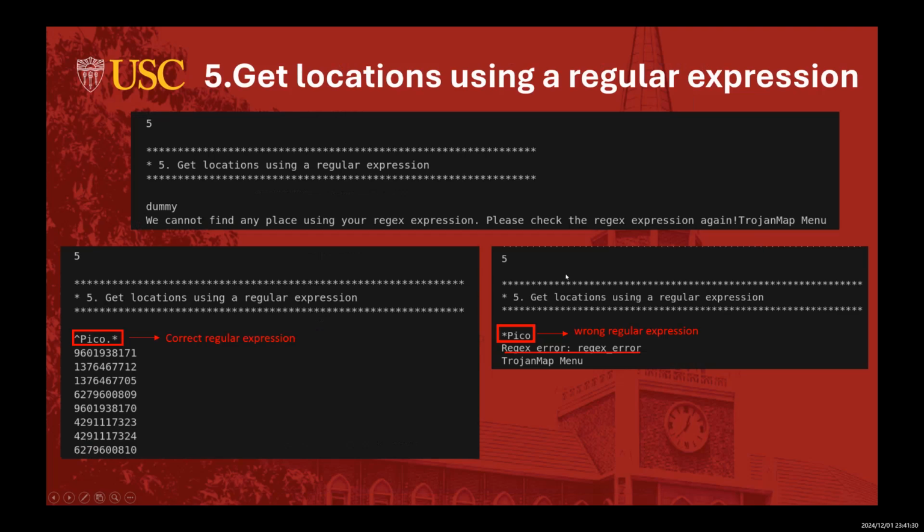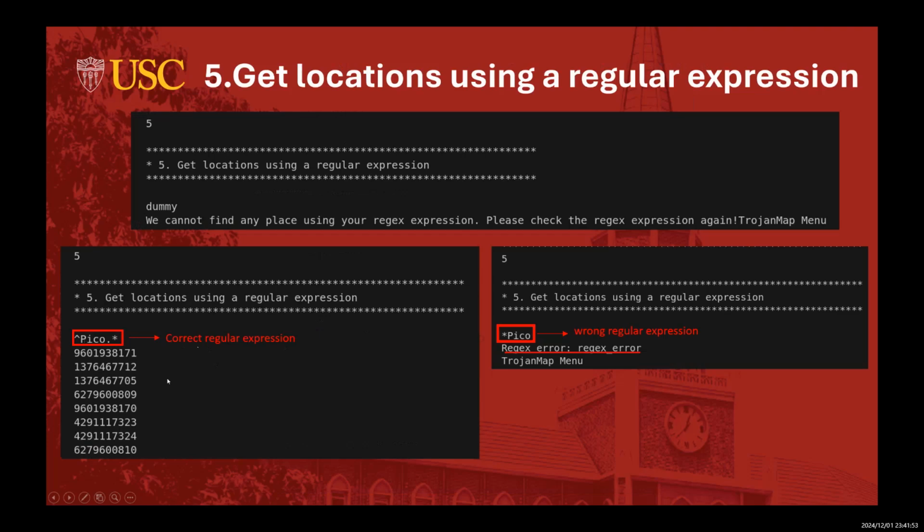And then the next function is get locations using regular expressions. In this function, we accept a correct regular expression and return the relevant location names. Here we input a correct regular expression, and it will output all the matching location names.